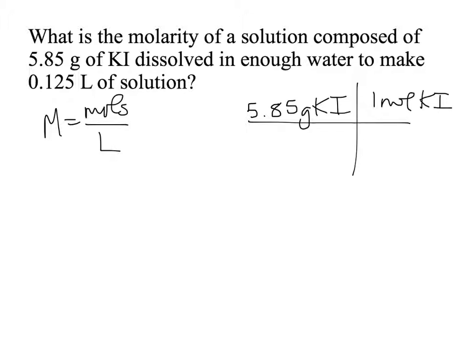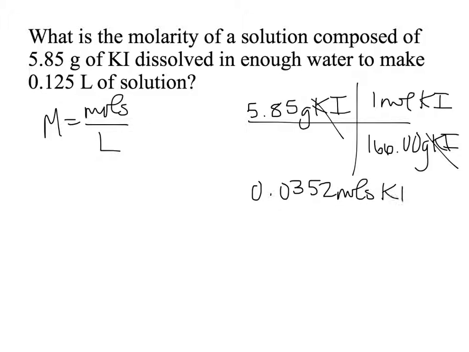And then I look up the individual masses, so it looks like potassium's 39.10, iodine is 126.90. So if I add those up, the mass is 166 grams of potassium iodide. Grams of potassium iodide cancel, and so if I divide 5.85 by 166, I get 0.0352 moles of potassium iodide.